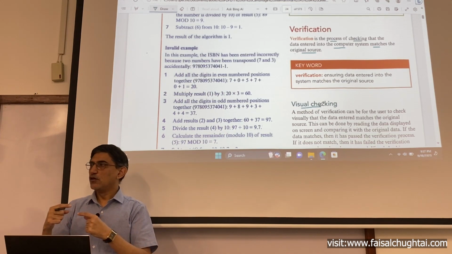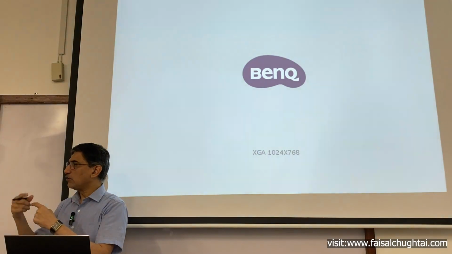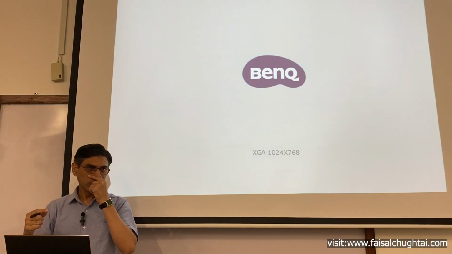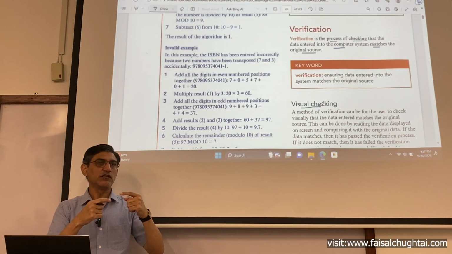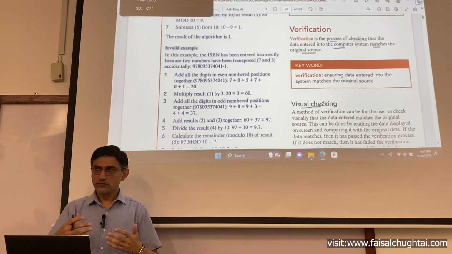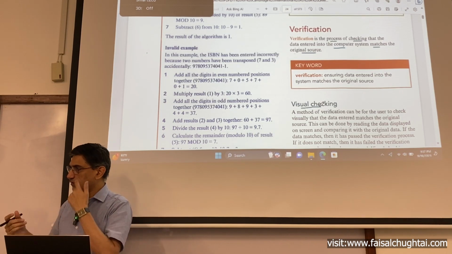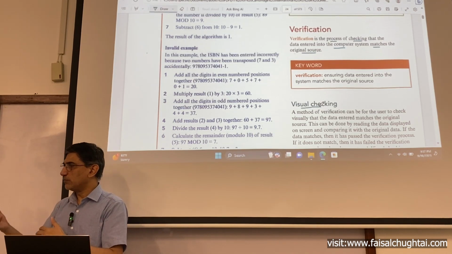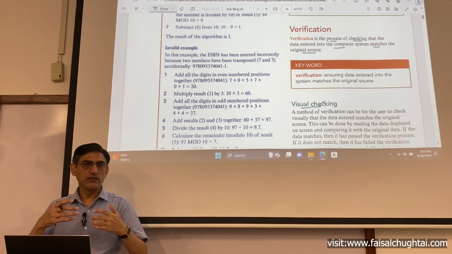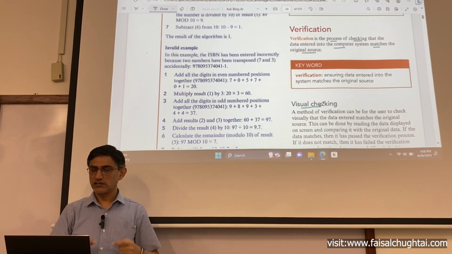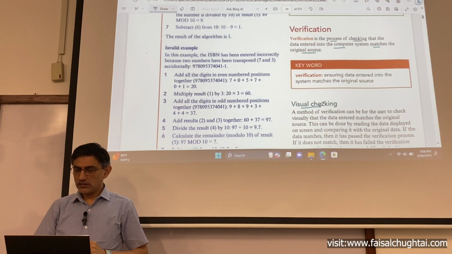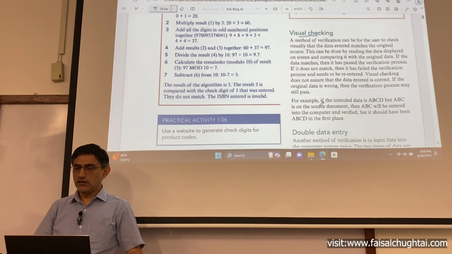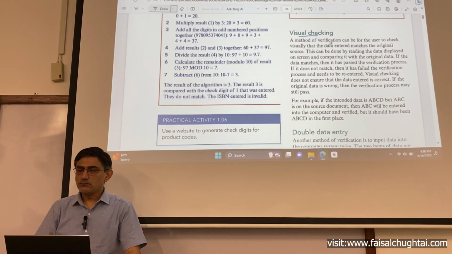So this is what I basically mean when I say the computer comparing or verifying the data entry. All right, and this may also be termed as double entry. Visual check is one of the methods. This is a double entry method where a data item is entered twice to see if it is the same or not.